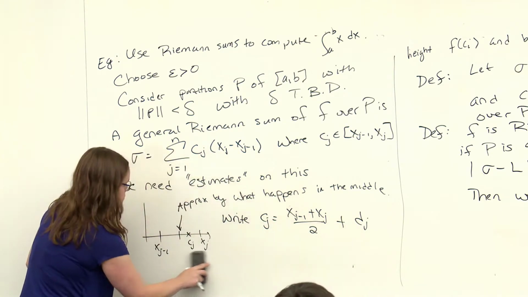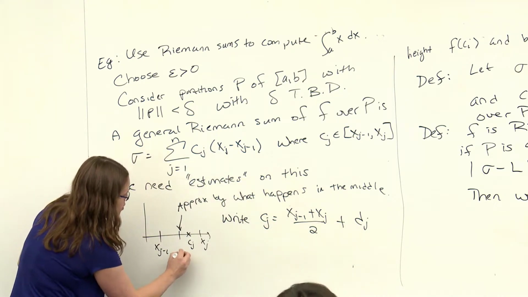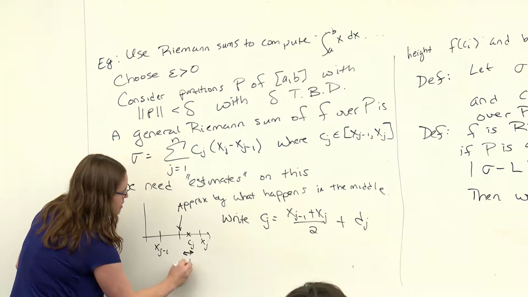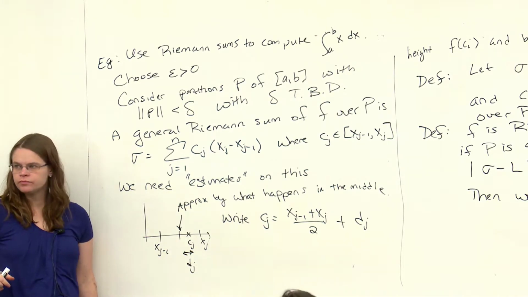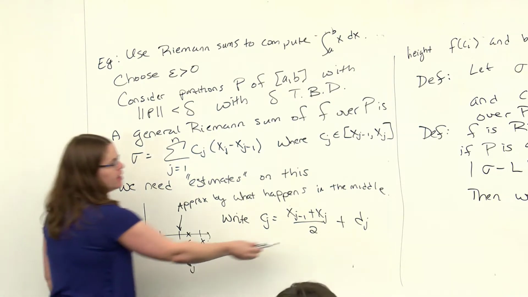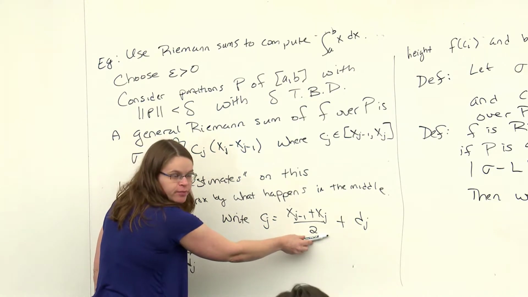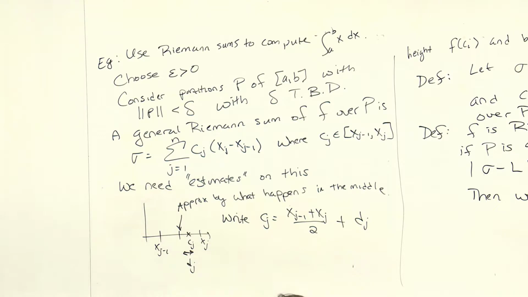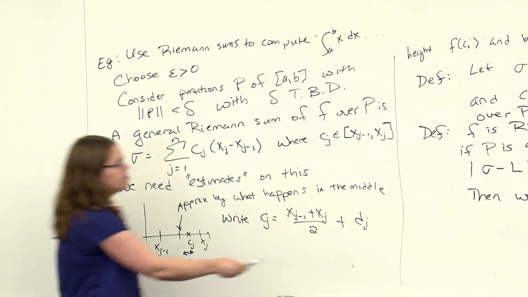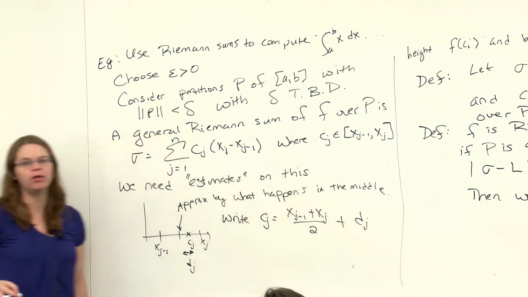This distance here from the midpoint to C is going to be my error. All right, the nice thing being that this has a lot of structure, right? Now I know exactly where this point lives in each subinterval, which means I have some hope of doing these sums. And this dj is definitely small.